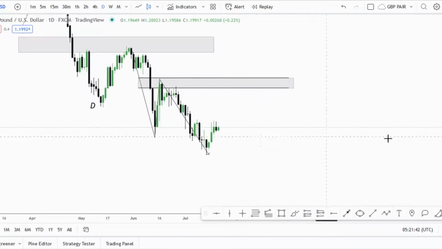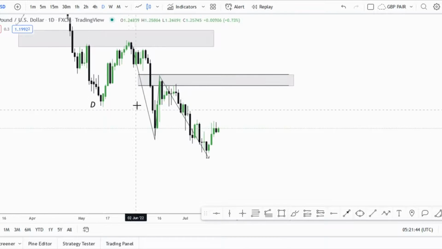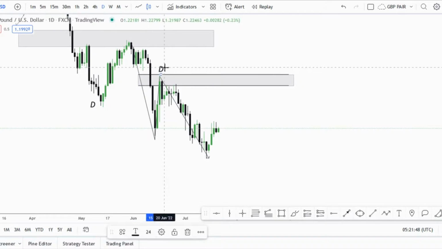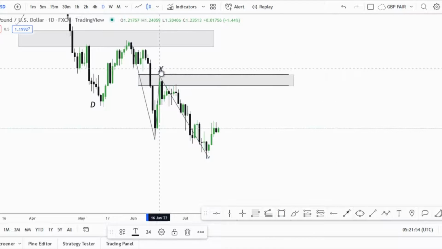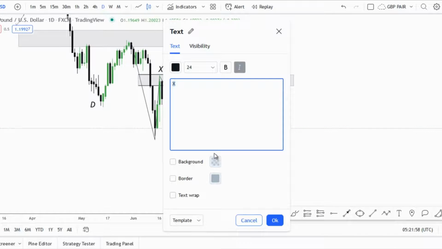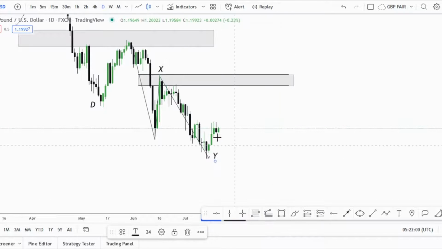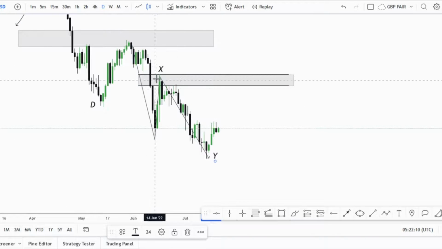So now, trading with the trend, I'll be looking to enter the trade between, let me call this point X and point Y. When I see the reaction in this zone, I know that my bias should be bearish. I should be selling all the way down.